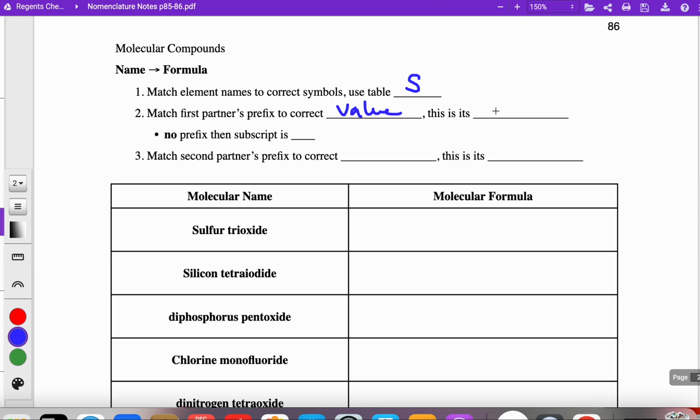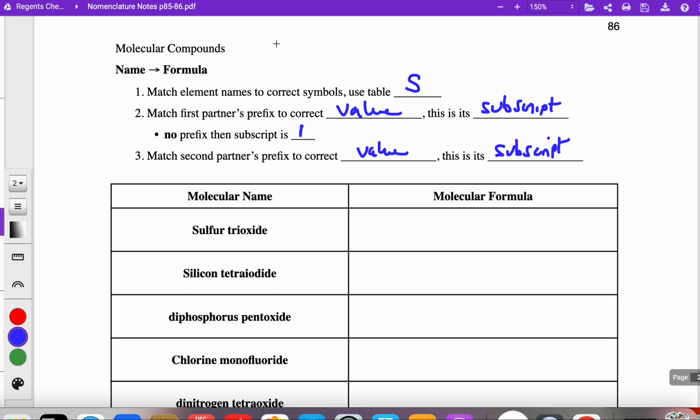And this is what we use as its subscript. If there's no prefix, then we understand that the subscript value is 1. Next, match the second partner's prefix to the correct value, and it is its subscript.